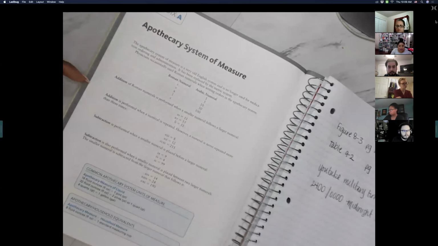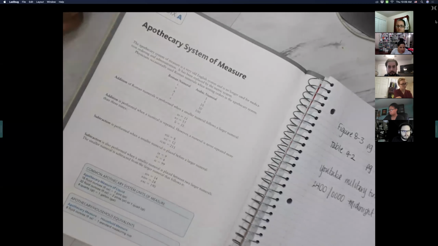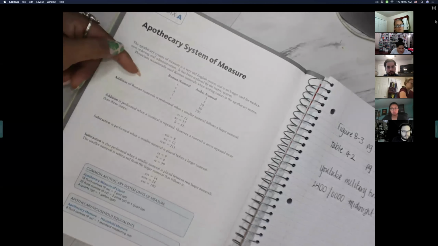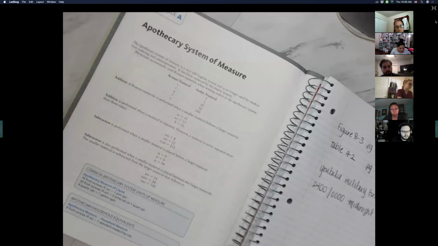But at the very back of your textbook, you have Appendix A that covers Roman numerals and your apothecary units. You need to know your Roman numerals. You're going to get random questions on a test that have Roman numerals.